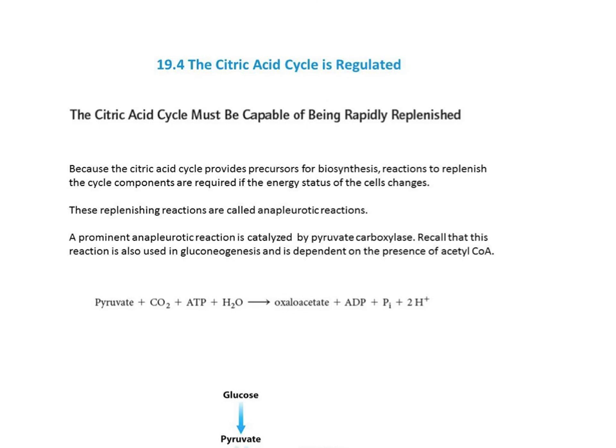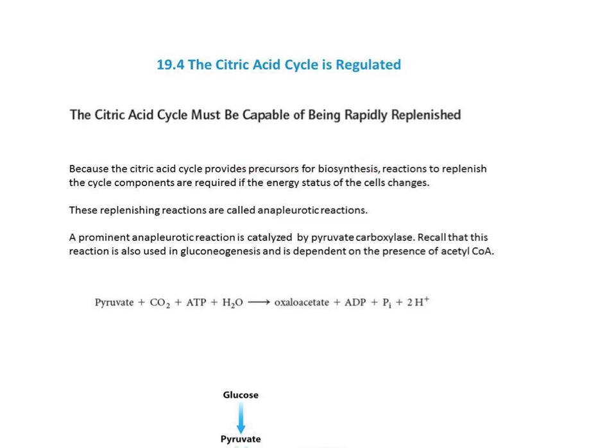So you're using molecules for multiple purposes, and in this case we're making these molecules that are involved in the citric acid cycle. They need to be rapidly replenished because they're serving two purposes.